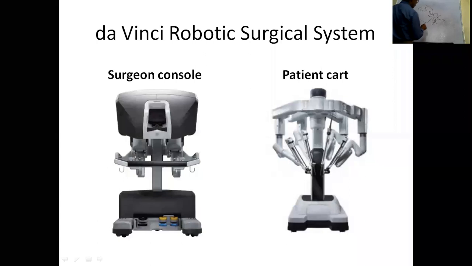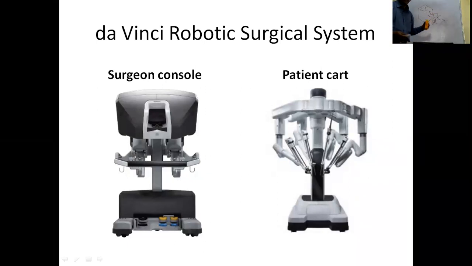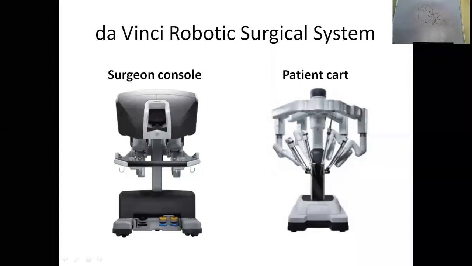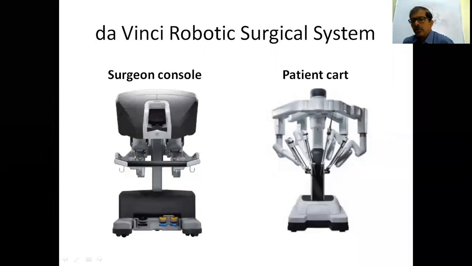Already I have shown you Hartmann's operation, where the rectum is closed above and then colostomy. So that treatment can be given here, and depending upon the situation, you can either do anterior resection or AP resection.